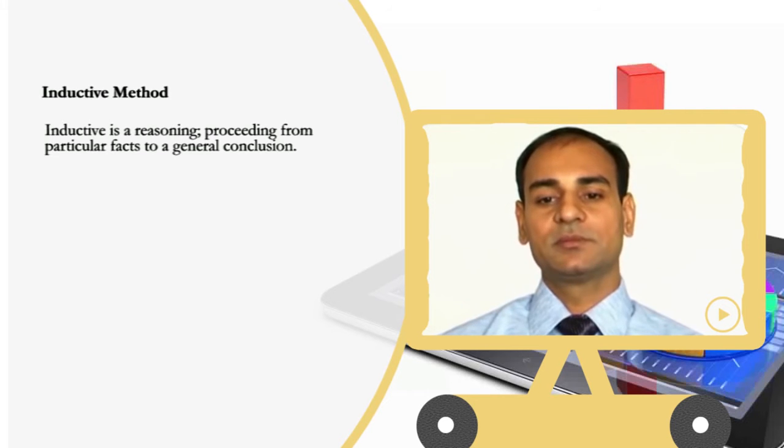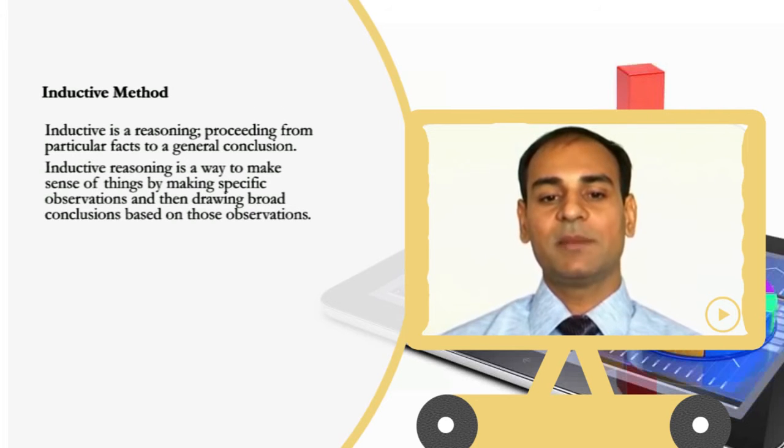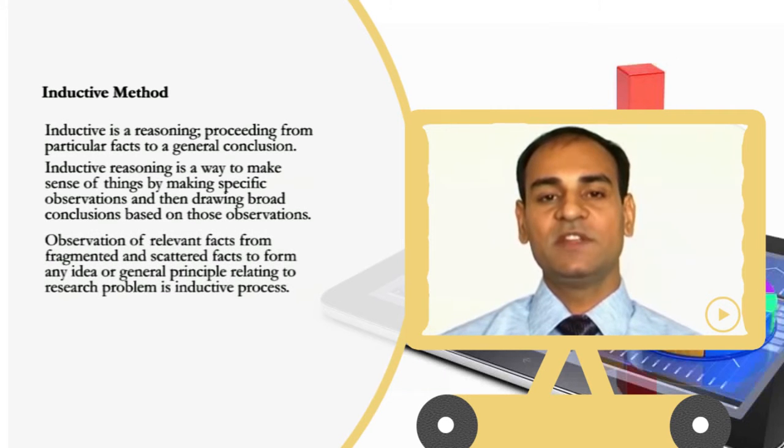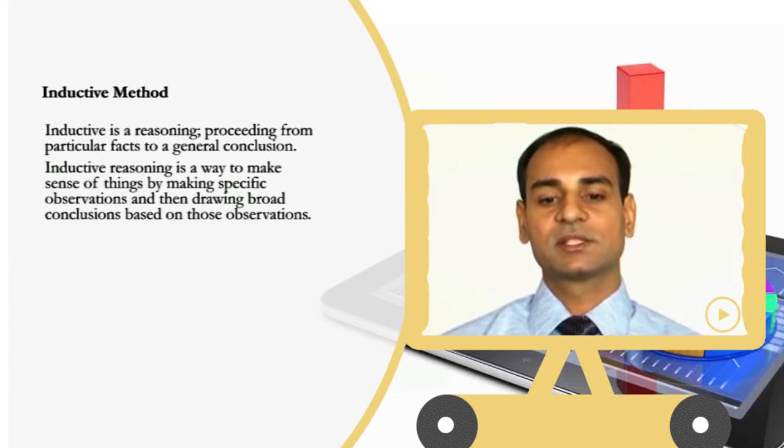This is a way to make sense, to think by making a spatial observation of facts and drawing a conclusion based on those observations. After observation of relevant facts from fragmented data, and after collecting those data, a certain idea or general principle can be formed for the research problem. That is the inductive.